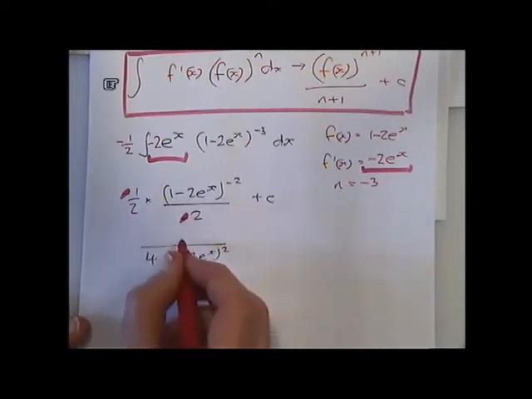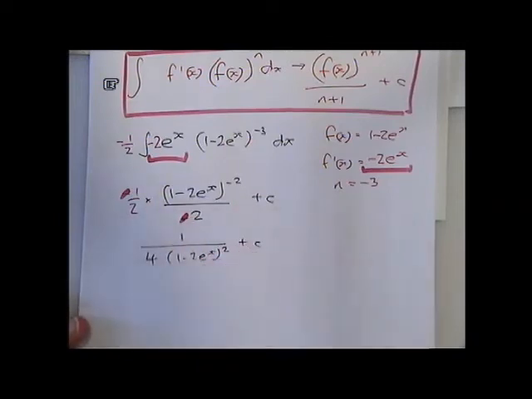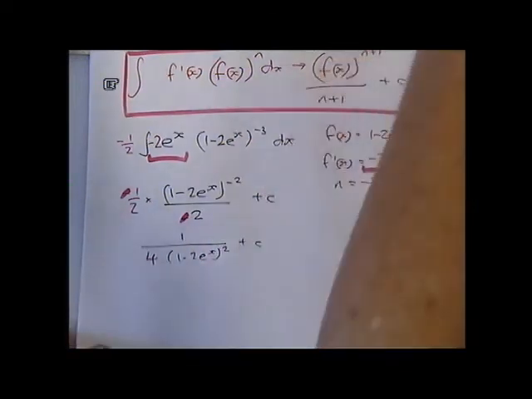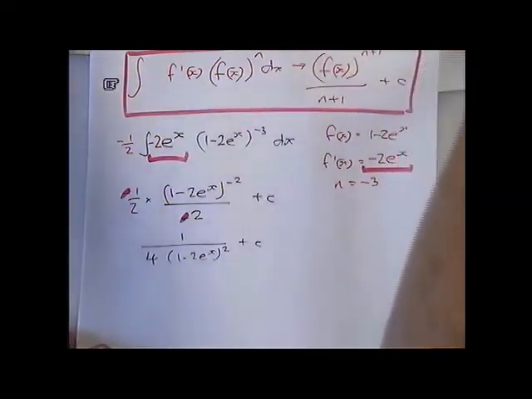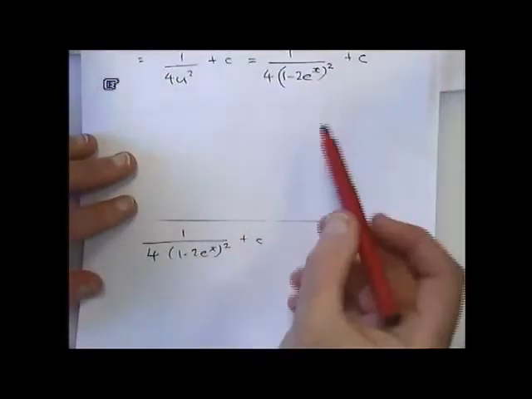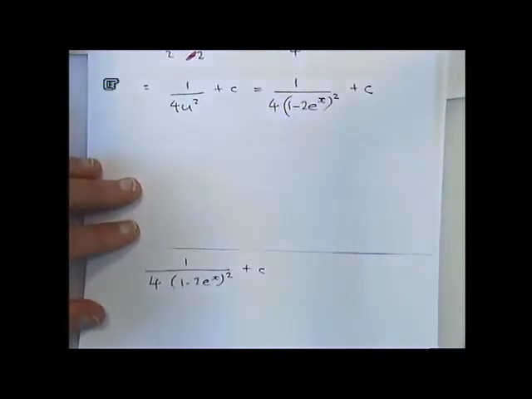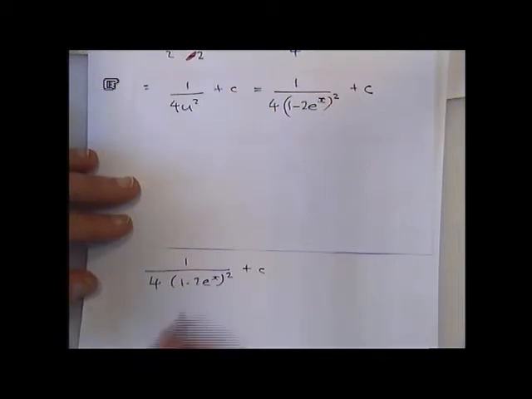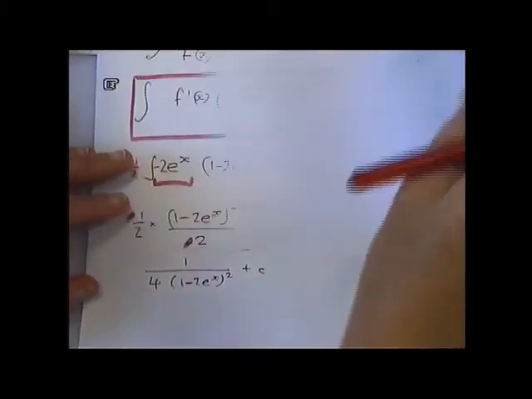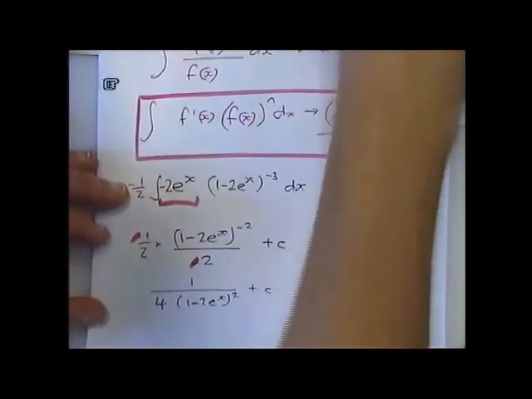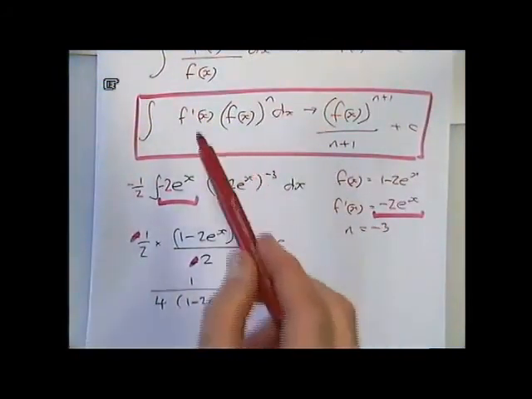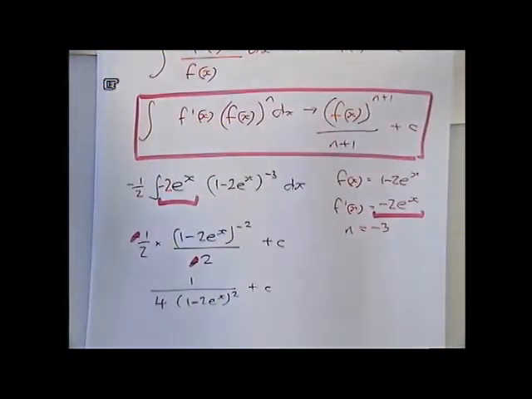I've got nothing left on the top apart from a 1, put my plus c down, and I'm hoping that that is exactly the same as what we ended up with earlier from about 2 pages of work. And it is. Okay? So if you see things like these fractions, if you can rewrite them in this form, and you can spot that, it saves so much work.